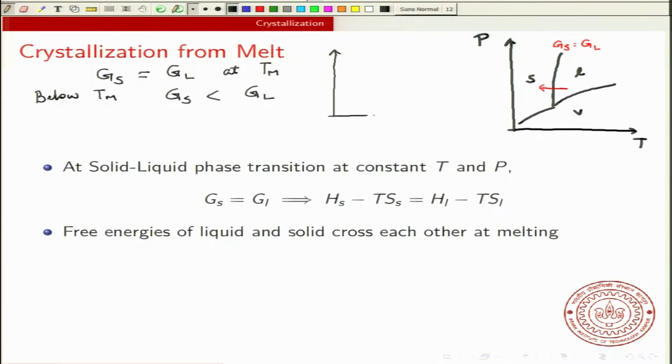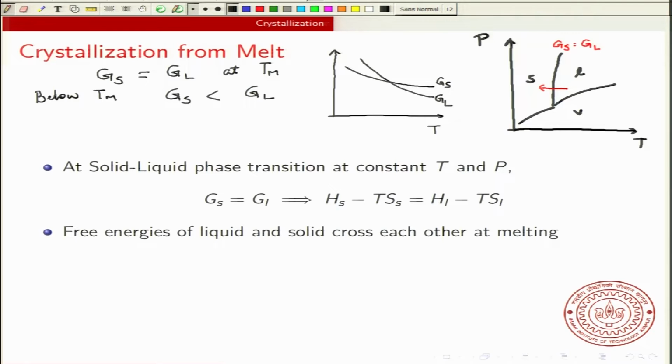as a function of temperature calculating the Gibbs free energy of the solid and the liquid, you will see them cross each other. So, you might see that this is the Gibbs free energy of the liquid, this is the Gibbs free energy of the solid.